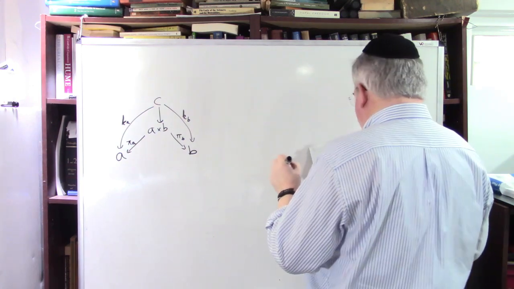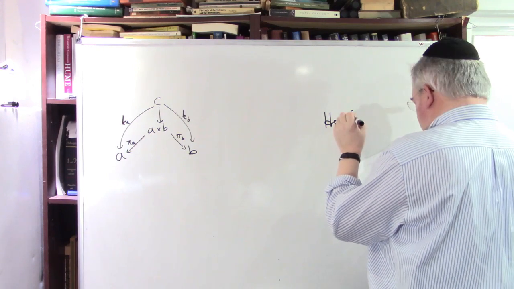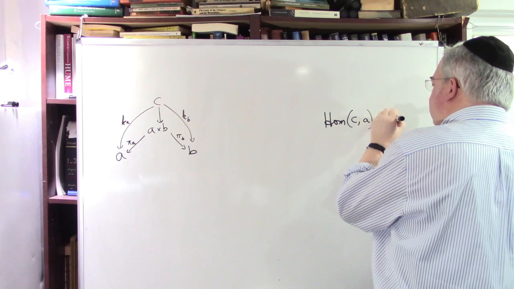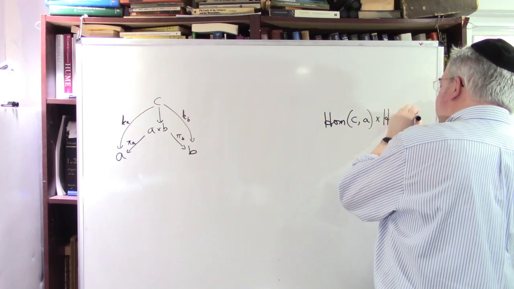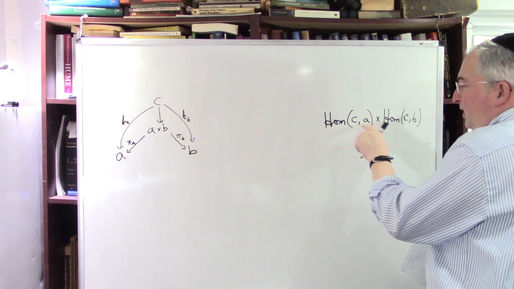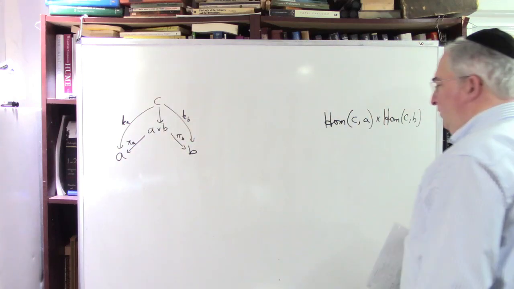It says as follows. Hom of C comma A cross Hom of C comma B. What does that say? These are maps from here to here and from here to here. C to A, C to B. Okay?